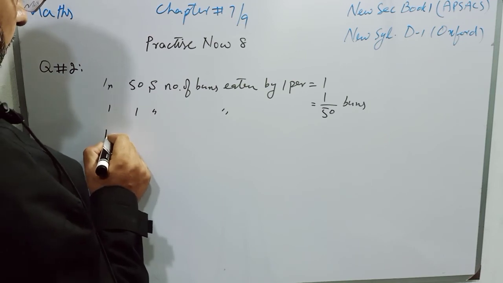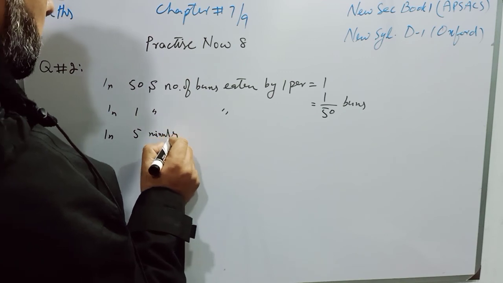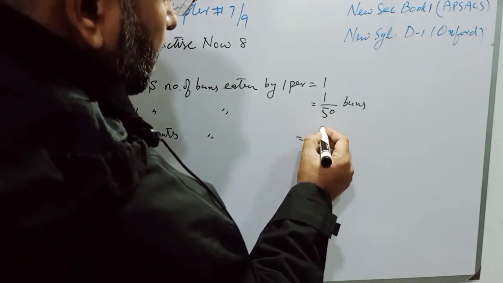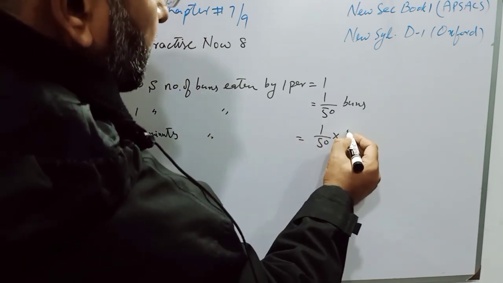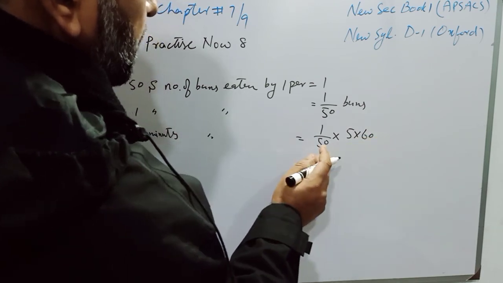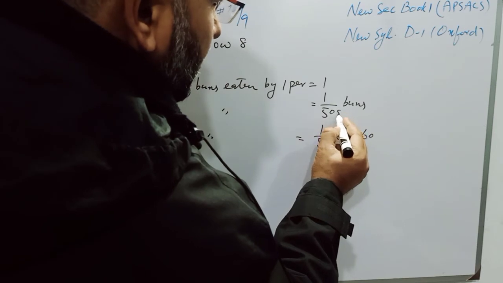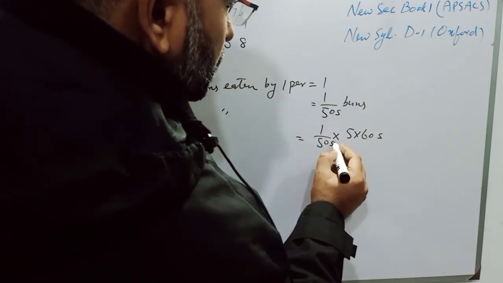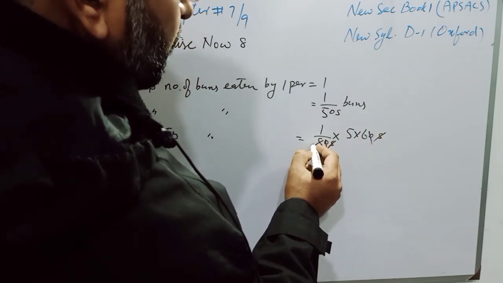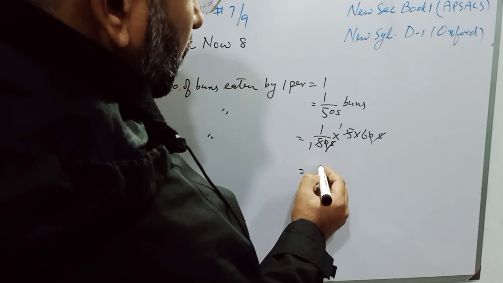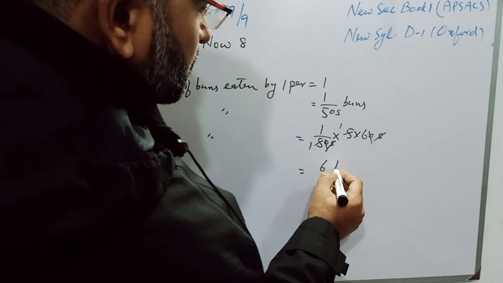So in 5 minutes, the number of buns eaten is 1/50 multiplied by 5 multiplied by 60, because these are 50 seconds. So we have to divide second by second. So this second will be cancelled with this second. This 0 will be cancelled with this 0, and 5 ones are 5 and 5 ones are 5. So in 5 minutes a person will eat 6 buns.